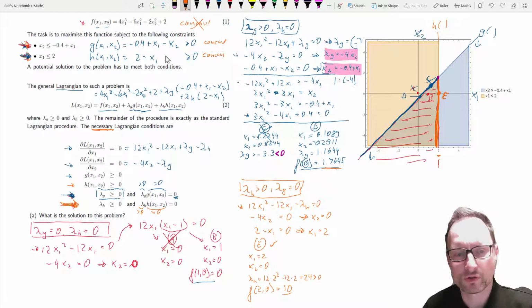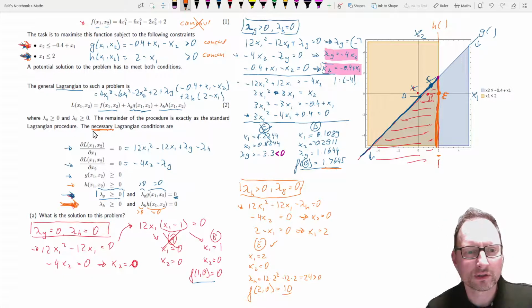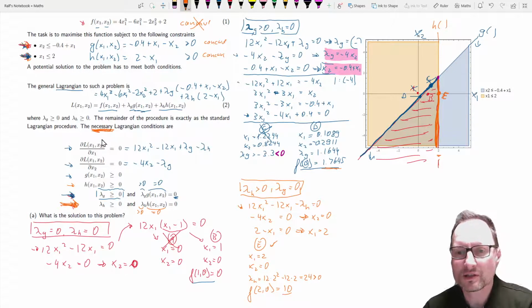Okay, you can of course confirm that if you calculate the Hessian for this function and see whether that is negative semi-definite everywhere. If it was so, the function would be concave. You'll find out that it isn't, but you can already see that here. So our Lagrangian conditions remain only necessary conditions. So this is where we have to go back to our diagram here and figure out how the function behaves in the allowed area.